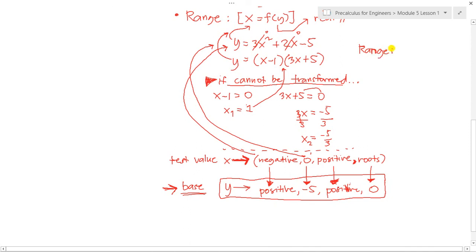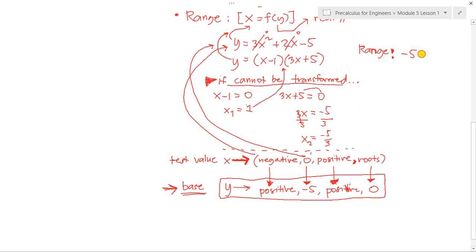Unsa man? Na kay positive, na kay negative 5, then positive, and then 0. Unsa may range, class? Nagsugod sa negative 5 and then padung sa... Okay, so it starts from negative 5. Is negative 5 included? Okay, included.